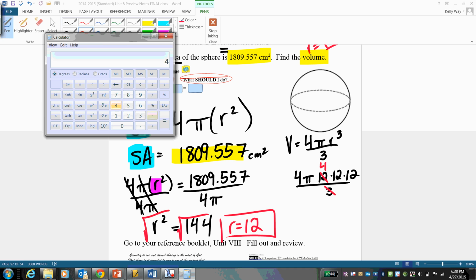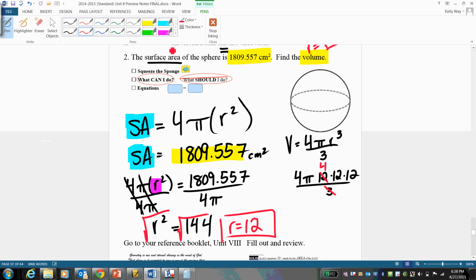I'm going to get 4 times 4, 16 times 12 times 12, which is 144, 2304. So our volume equals 2304 pi. This is pi form. Units. Whoops, nope, we don't have units. We have centimeters. It's going to be centimeters cubed.